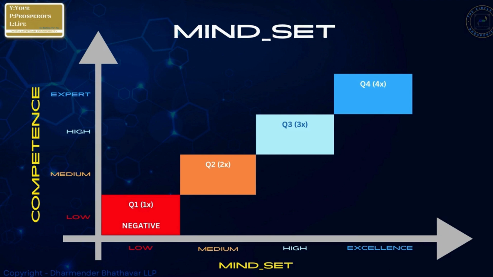Now let us try to understand the next quadrant, that is fixed mindset. So what exactly do you mean by fixed mindset? Here their mindset level is in the medium zone, and at the same time their competency level is also medium. So how exactly can we identify a fixed mindset? Well, individuals with a fixed mindset always try to avoid challenges.